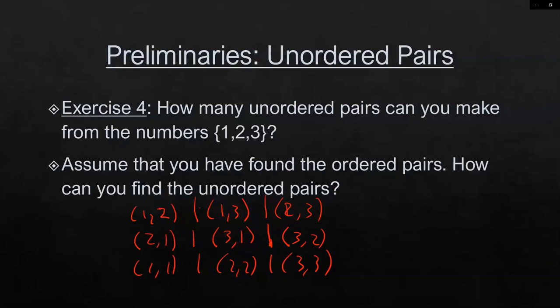If you have 1, 2, and 2, 1, you can erase 2, 1 because you already have 1, 2. And you can erase the ones that have the same number twice, like 1, 1 or 2, 2. Yes, those are not considered unordered pairs. I think that's more or less what Arman said. That's the basic idea: we cut all the mirror images and we remove all of the ones that have the same number twice.